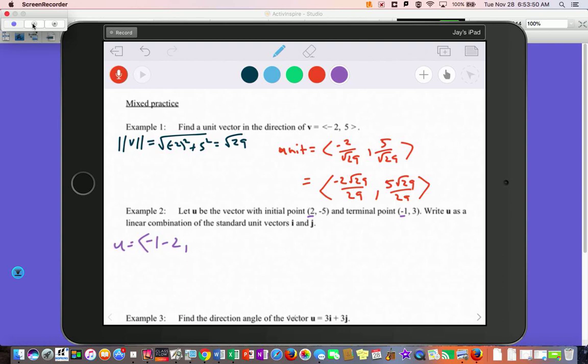And I go back to the terminal and I grab the 3. And now I subtract the negative 5. And so I end up with, again, the angled brackets indicate component form. So this is negative 3 and 8. So then if I wrote it as a linear combination, I do negative 3i plus 8j.